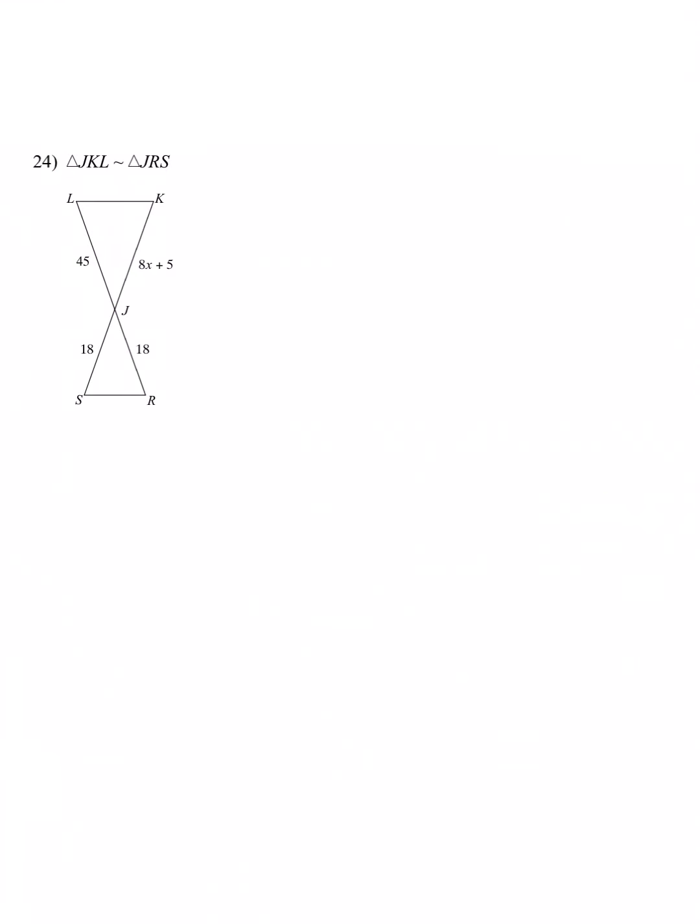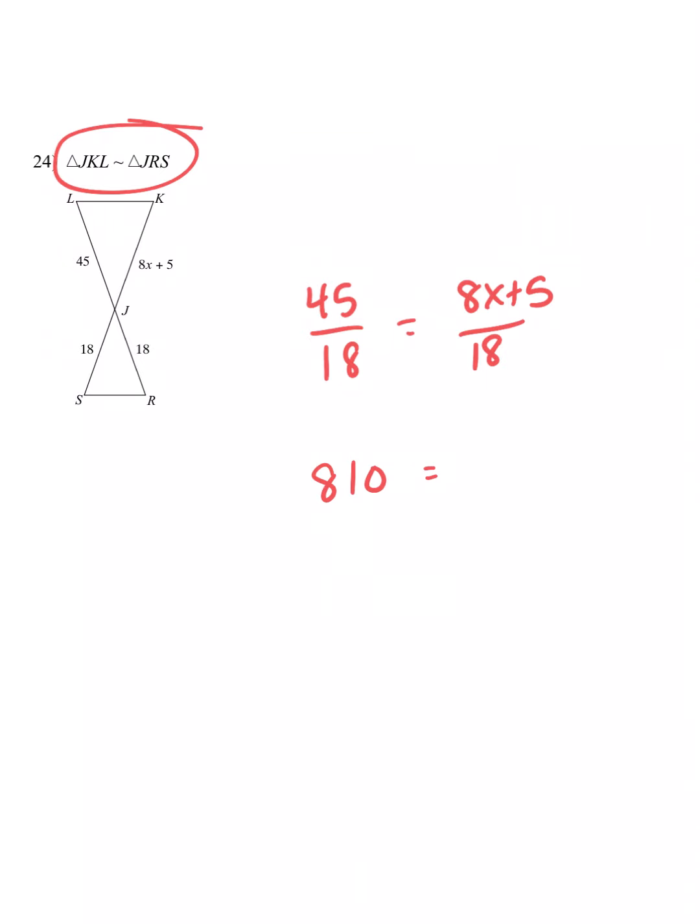And one more. We're going to do the same thing since you don't know who goes with whom. Well, in this case, it's the same as the last one. You've got 18s on the bottom. Since it's the same number, it doesn't matter where you put the 45 and the 8x plus 5, but you could line them up and put them where they go. So you get 45 times 18 is 810 equals 18 times 8, which is 144x, plus 18 times 5, which is 90.